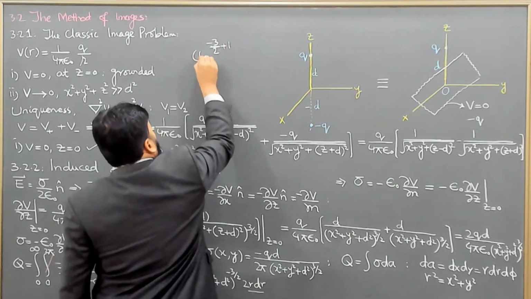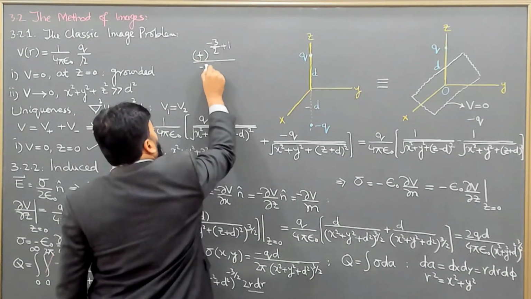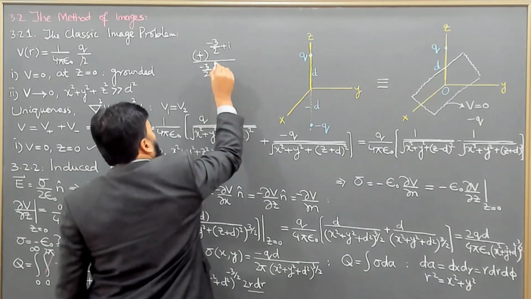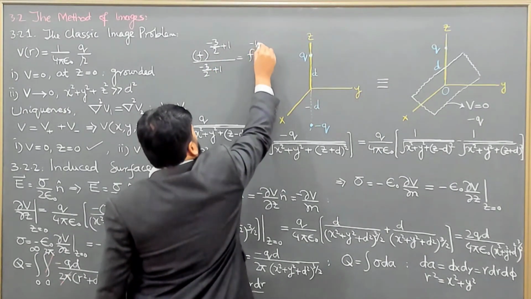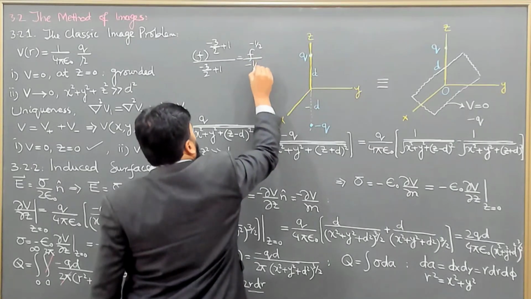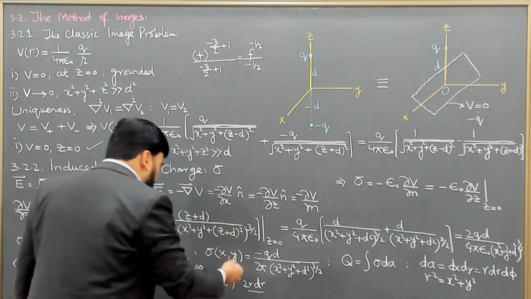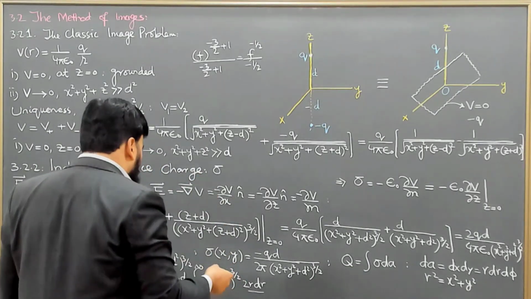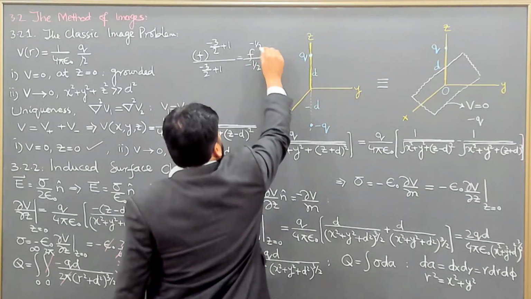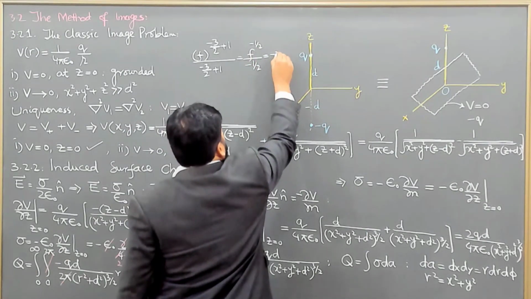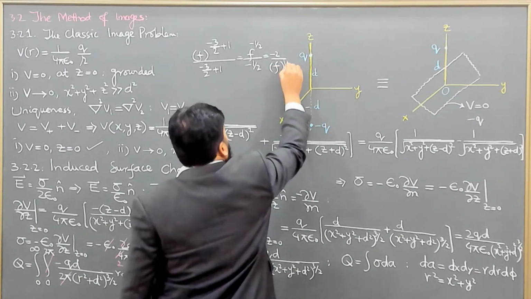So this is the function, and minus 3 by 2 plus 1, and here minus 3 by 2 plus 1. So what will it be? The function power is minus 1 over 2, while here we will have minus 1 over 2. So minus 1 over 2 and minus 1 over 2, then it becomes minus 2 divided by the function power 1 over 2.